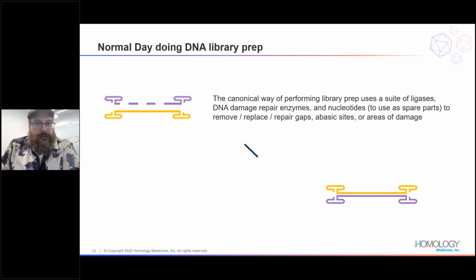You've also got to use ligases when you do that, so you have these cocktails. And those cocktails are repairing something that's, say, basic, or something that glycosylases handle. There are only so many things we can do, and so everybody has to go through these same choke points, and this sort of stuff with library prep is one of those points.